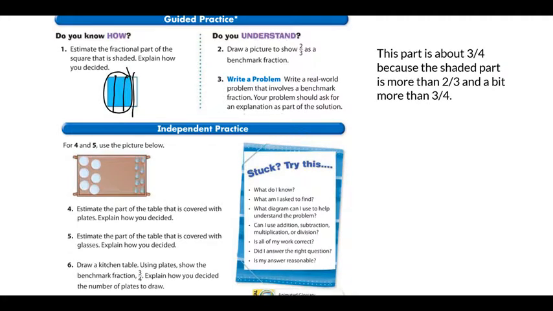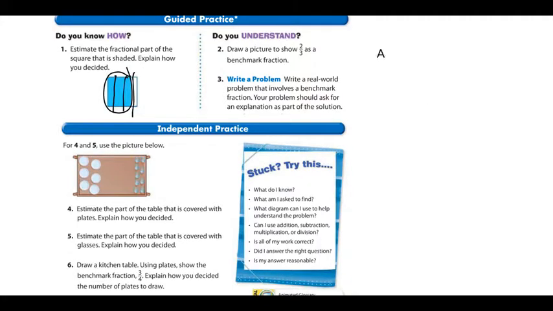So in my explanation, I want you to get ready to write this. I might write something like this, and you have to pause if you need to. About 3/4, which yours will look up and down.